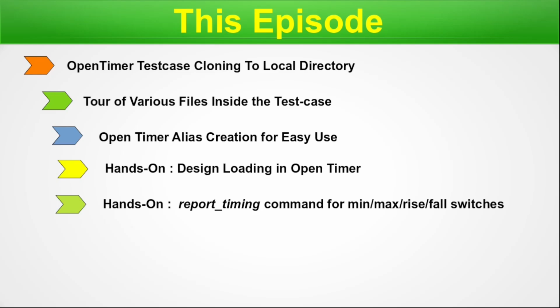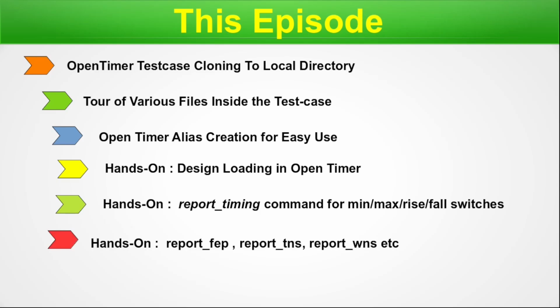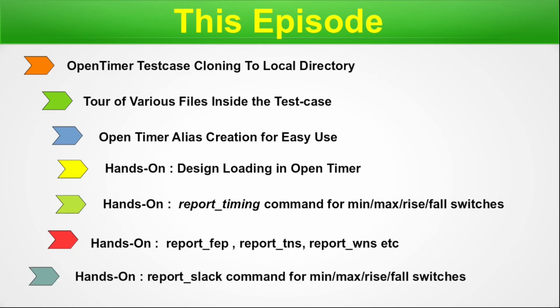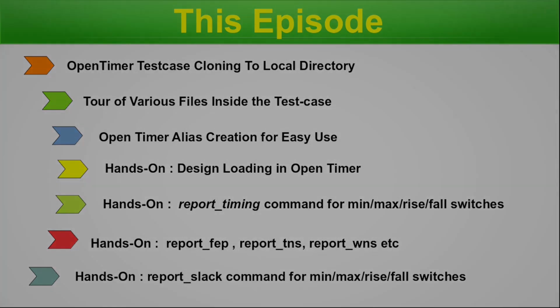Hands-on report timing command for various of its switches like min, max, rise, fall. Then hands-on example of report FEP, report TNS, report WNS, etc. Then we'll do the hands-on on report slack command for its various switches like min, max, rise, fall, etc. So this is a very consolidated menu for today. So without any further delay, let's begin the hands-on practice using the Opentimer STA tool.